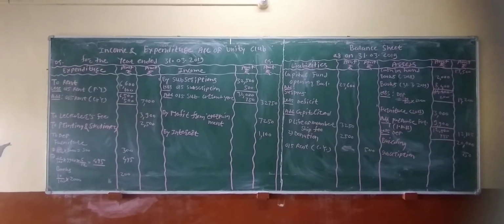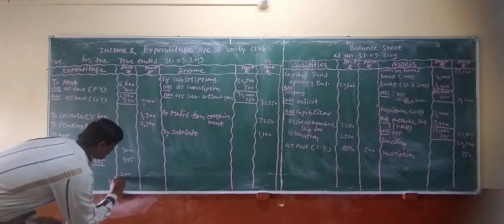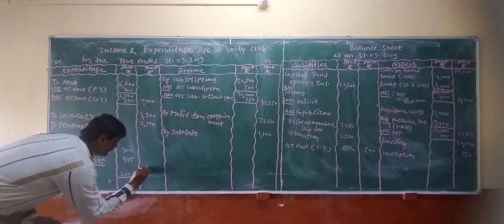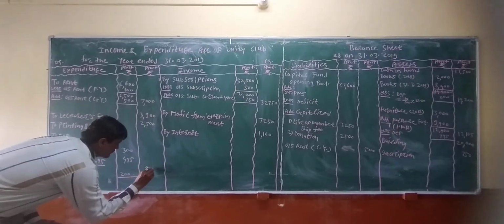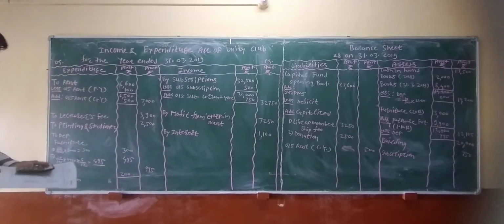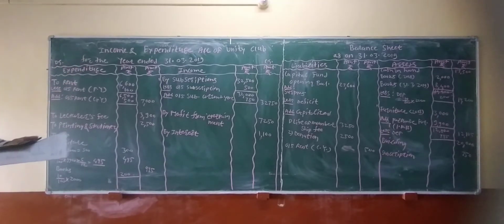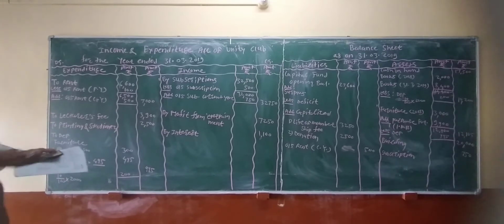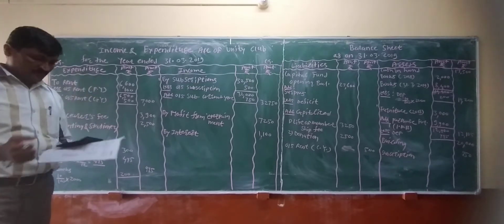So you can calculate 300 plus 495 plus 200. So the total depreciation amount is 995. Next we can find out surplus or deficit.